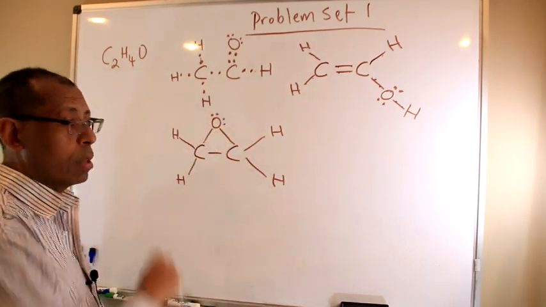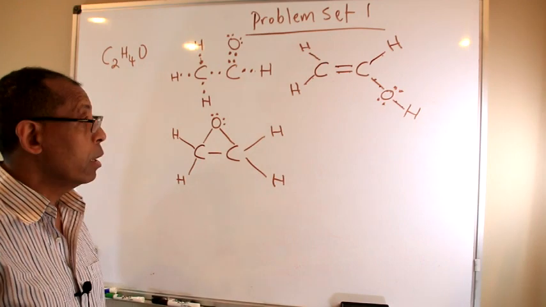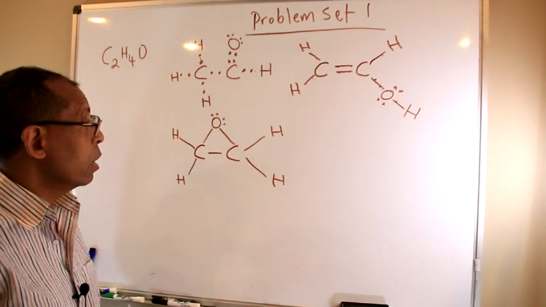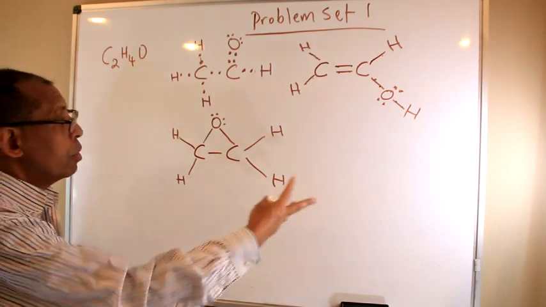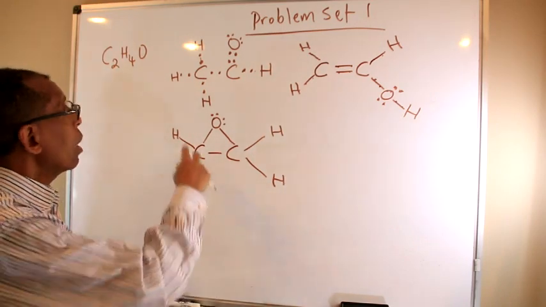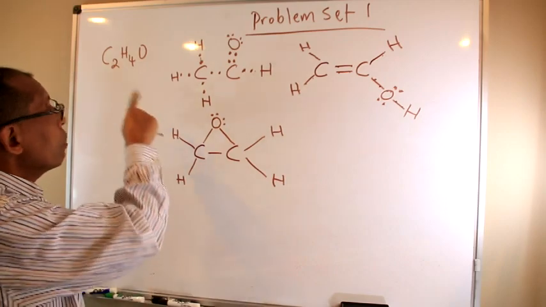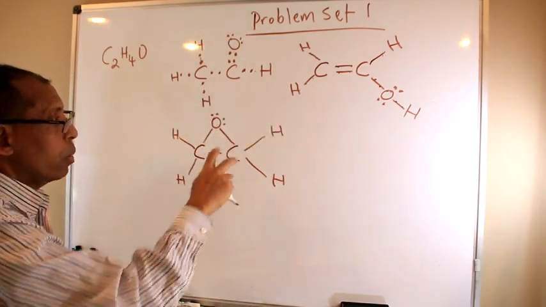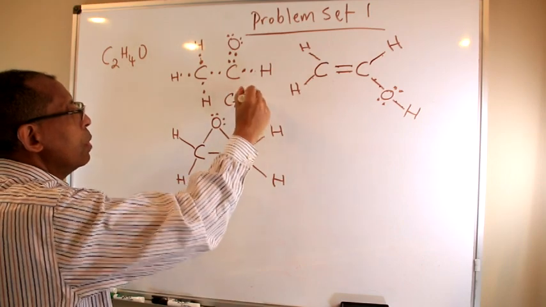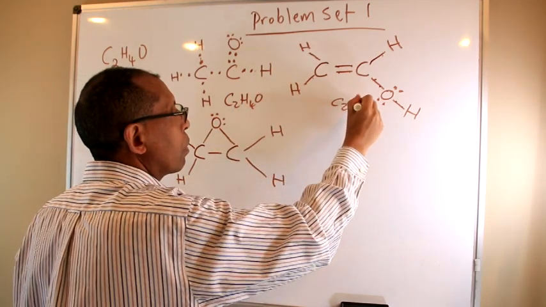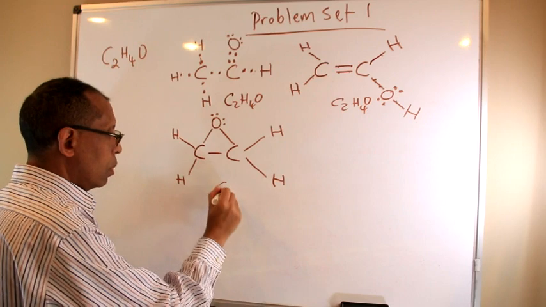So there are lone pairs on oxygen, obviously. Don't forget, in most cases, oxygen carries 2 pairs of lone pairs. So now, as you see, these are the same formula, C2H4O. All of them are C2H4O. This is C2H4O. This is also C2H4O. This is C2H4O.